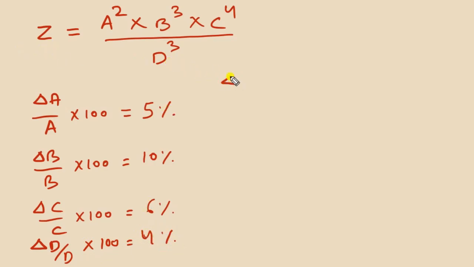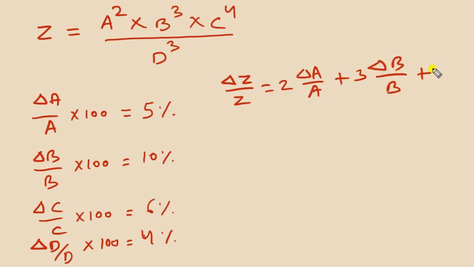Okay, now can you find the percentage error in Z? We know that the relative error in Z is equals to 2 times the relative error in A, of course using the formula that we just learned, plus 3 times the relative error in B plus 4 times the relative error in C plus 3 times the relative error in D. If we multiply both sides, the LHS and the RHS, with 100, what we will get? We will get the percentage error, that is delta Z by Z into 100.